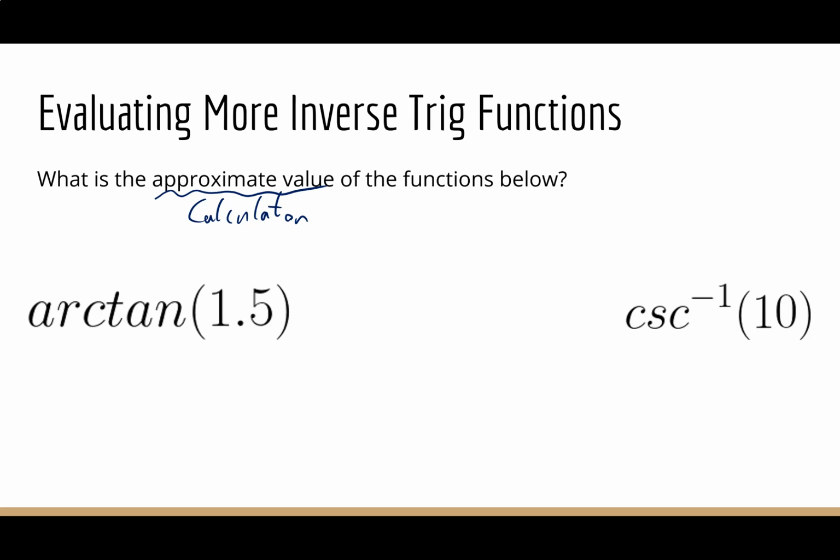If I'm doing arc tan 1.5, I'm going to hit second tangent 1.5, enter, and put myself in radian mode. I get 0.983 rounded. If you're not in radian mode, you would wind up with 56.31 rounded. So this is radians, this is degrees.